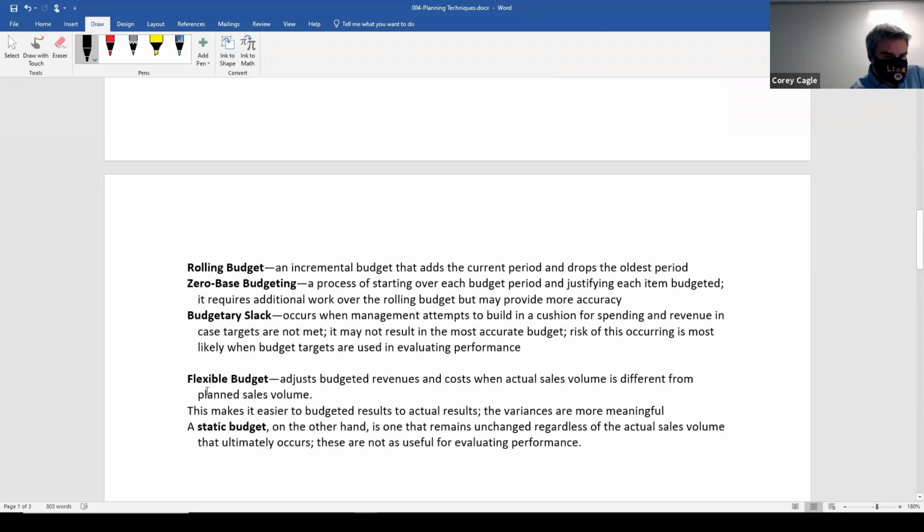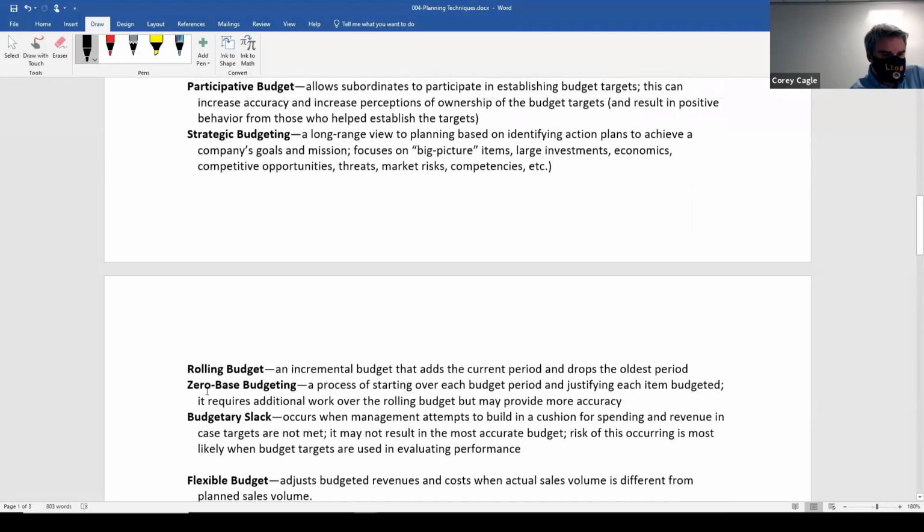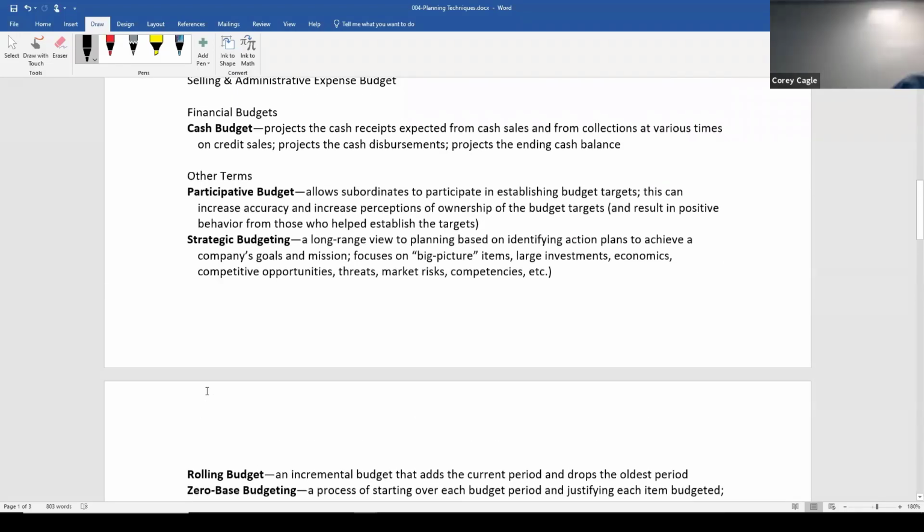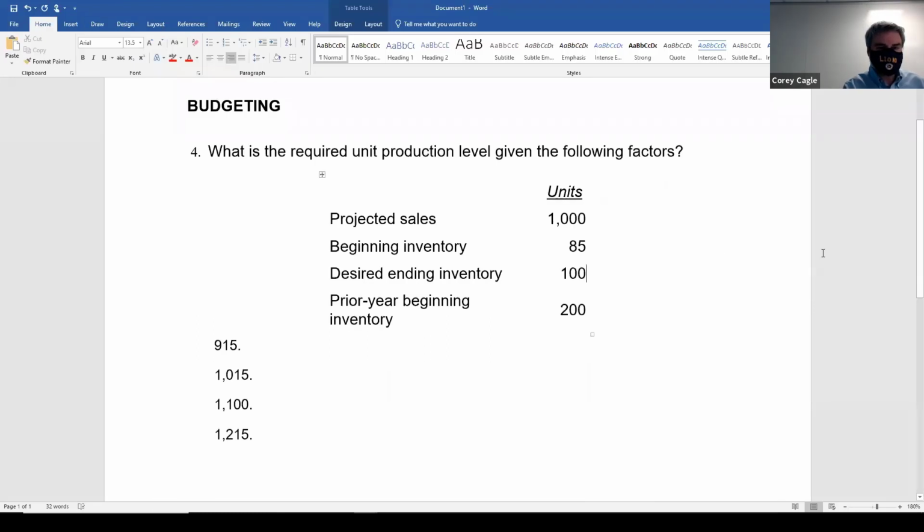And then there's just some definitions about types of budgets here that you never know could show up. Up there for you to look at. So let's see. All right, production budget. The production budget question: what is the required production level given the following? That just requires us to know, this is a little overly simple, but it's okay.